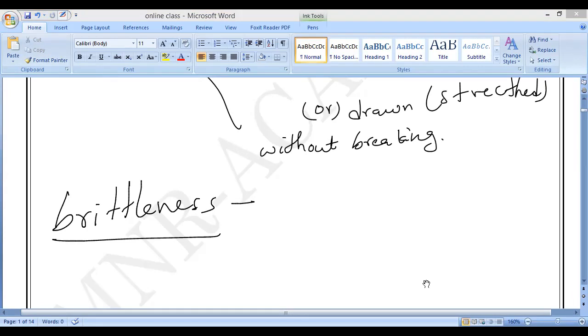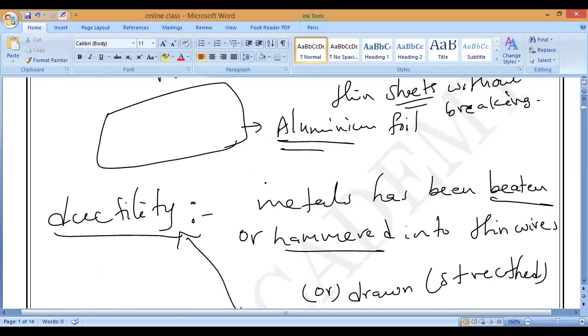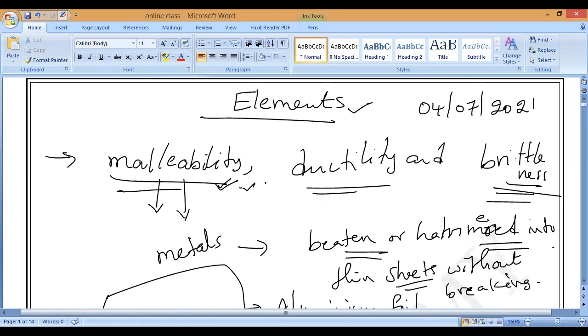If you hit them with a hammer, they will turn into powder. Do you understand, all of you? That kind of substance is called brittle. So brittleness is the opposite property of ductility and malleability.